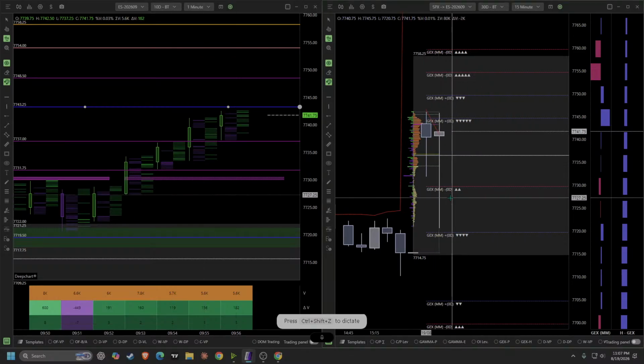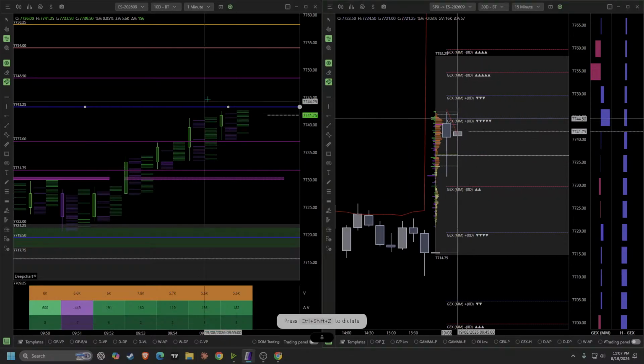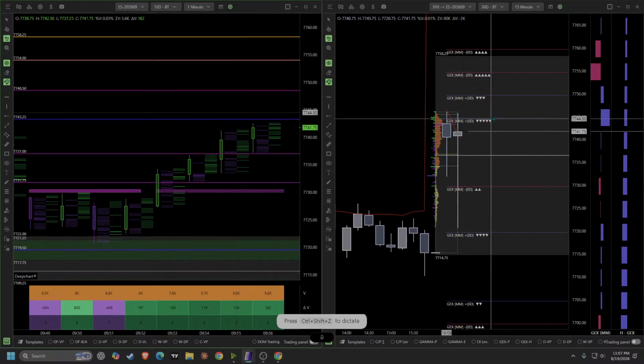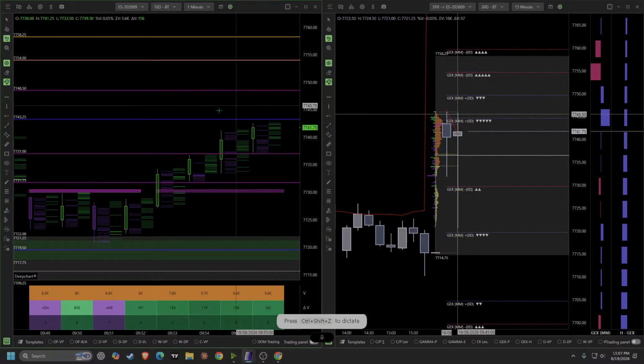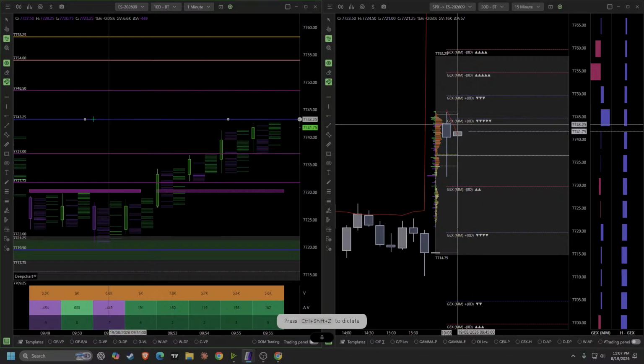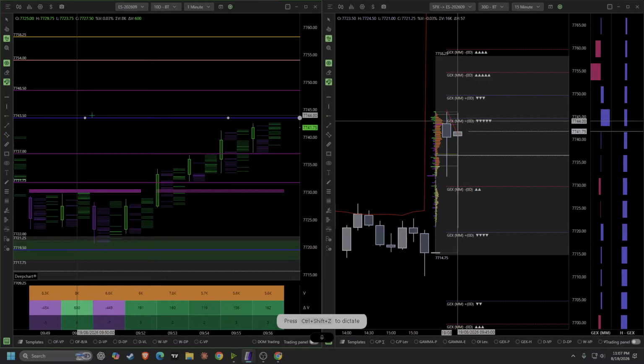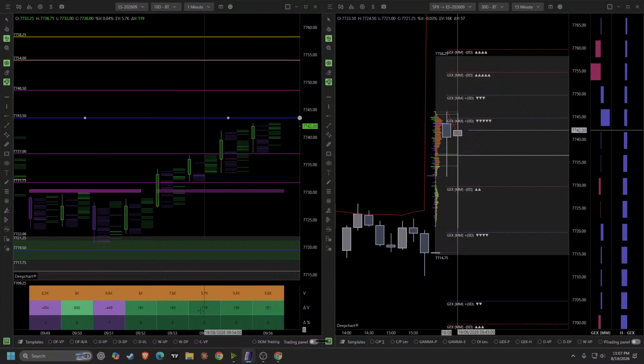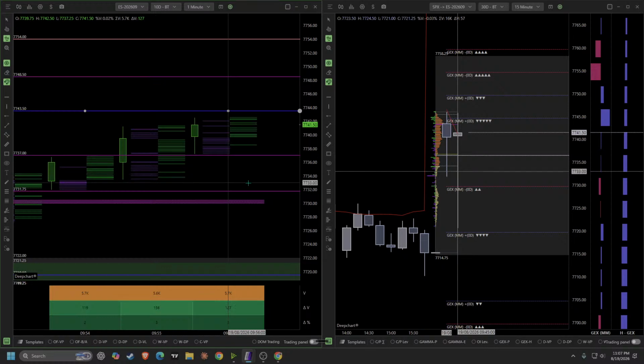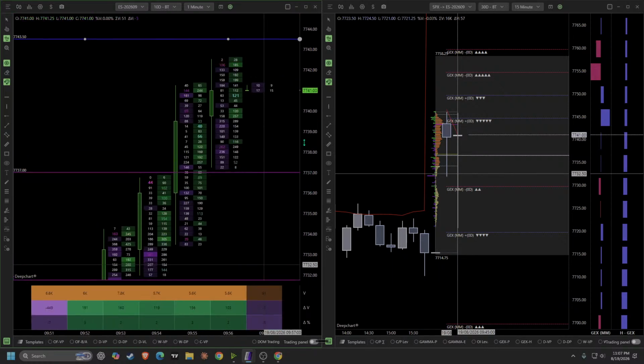Okay, so we are now reapproaching this GEX level that moved up to 44. We'll put it back to 1 minute just for a moment. Let's zoom in to the footprint.